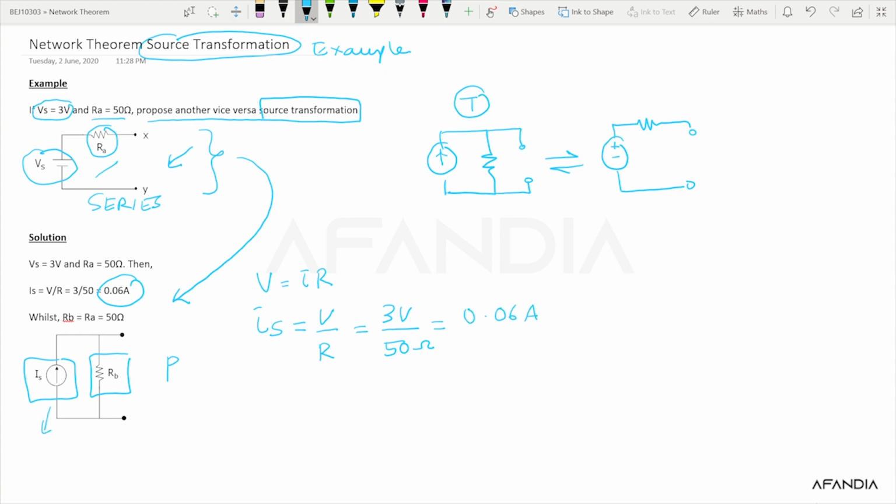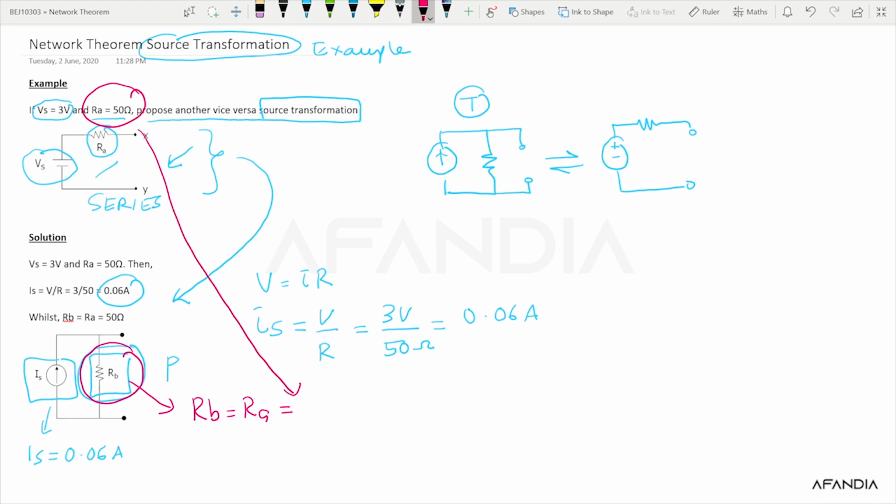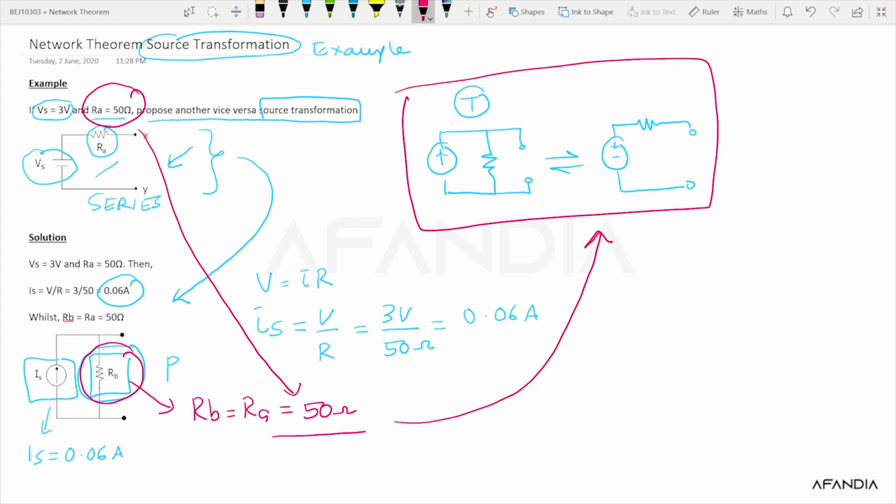So here Is equal to 0.06 ampere, and you must remember that your Rb here equal to Ra, which is equal to 50 ohm. Now you must understand this is the concept of source transformation.